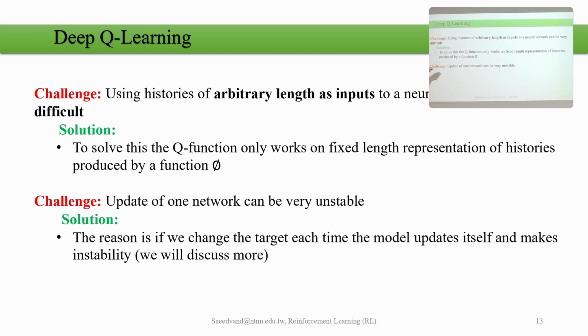So updating one network in basic Q-learning is difficult and challenging. Although it works, and it was presented in the original paper, I will discuss it today, and I will show you another example where it can be improved by adding one more network, as we will see soon in the next slides.